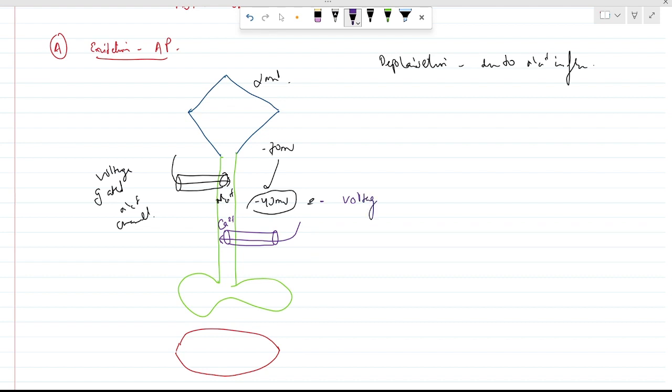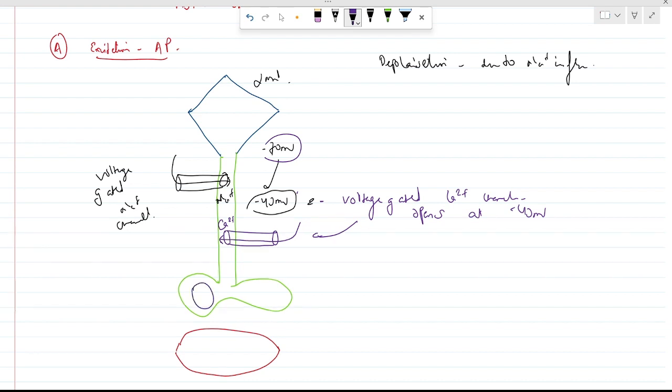Voltage gated calcium channels open at minus 40 millivolt, depolarization from minus 70 millivolt to minus 40 millivolt. So calcium enters. Why is this needed?